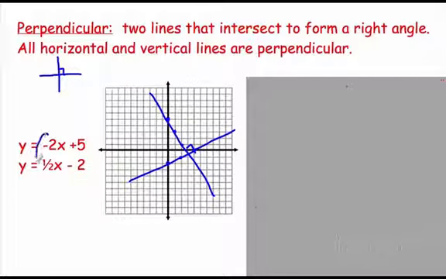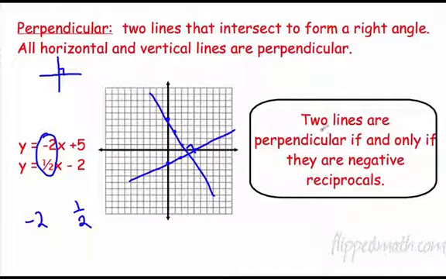Now, we know it's all about slope. So if you look at this, what's true about negative 2 and 1/2? These two lines are perpendicular if and only if their slopes are negative reciprocals. Reciprocal, inverse: when you have a fraction and you flip it.